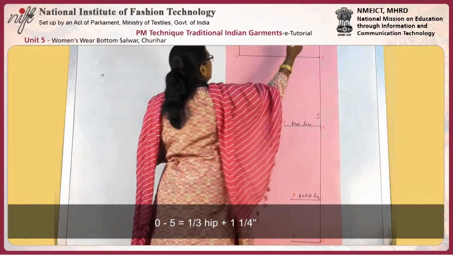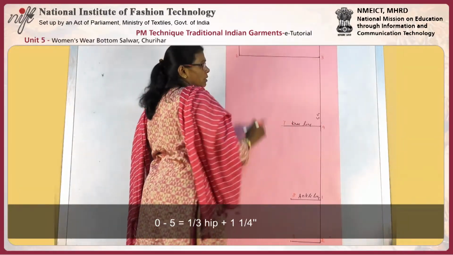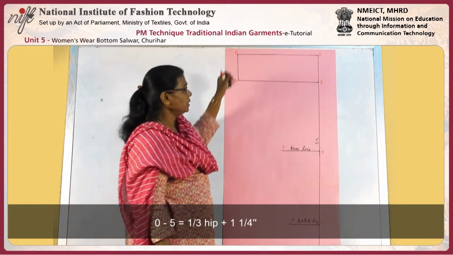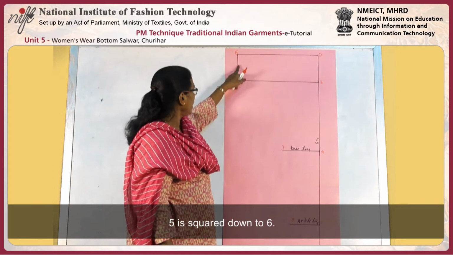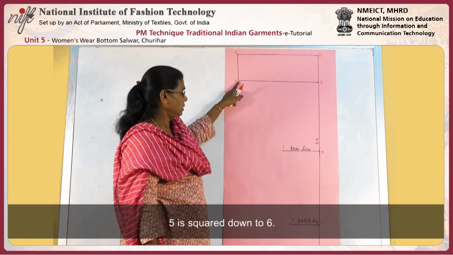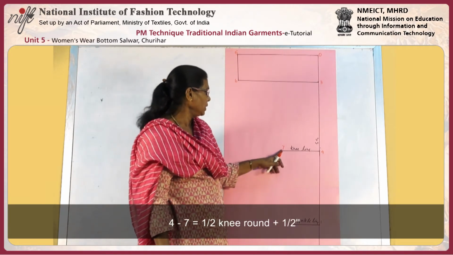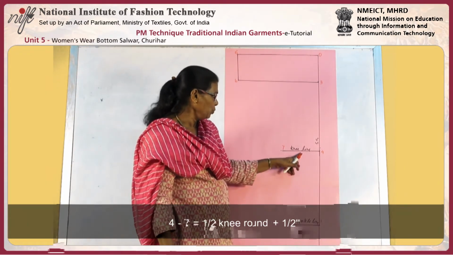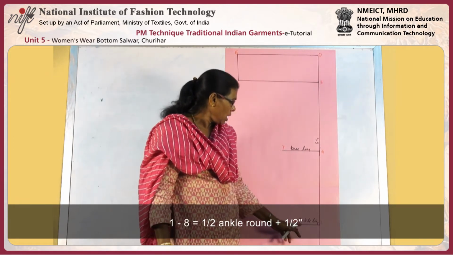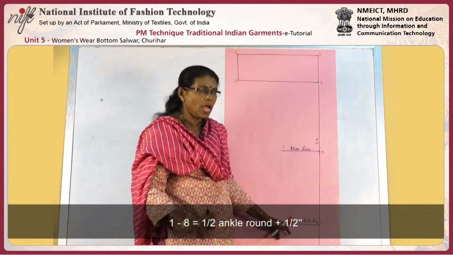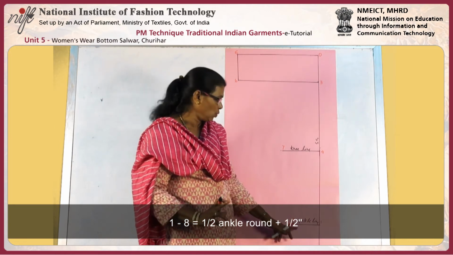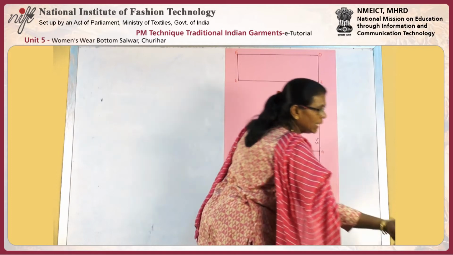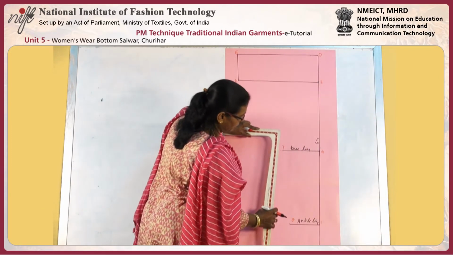Now 0 to 5 is hip by 3 plus 4 inches, and square down 5 to 6, and 4/7 is equal to knee round by 2 plus quarter inch, and 1/8 is equal to ankle round by 2 plus quarter inch. Now we should draw the in-leg line and shape.